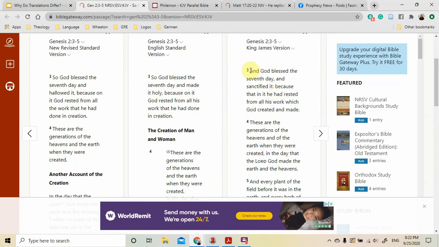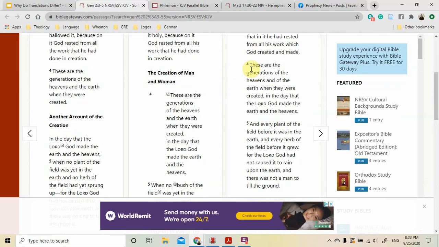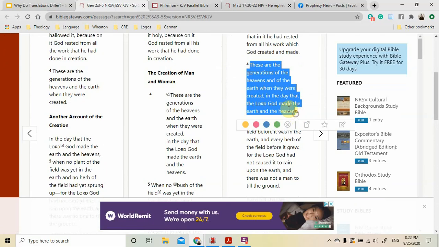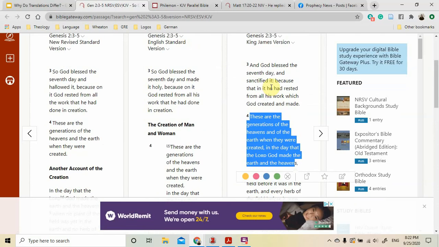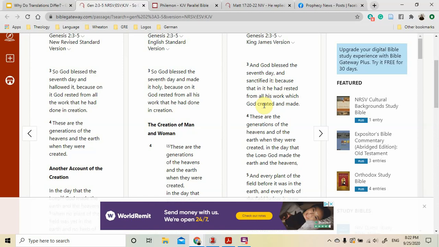The King James doesn't break for poetry. It doesn't break for paragraphs, and it also doesn't tell you when something is being quoted. There's no quotation marks. So that's just harder for us modern English people to follow because we're used to all those things.